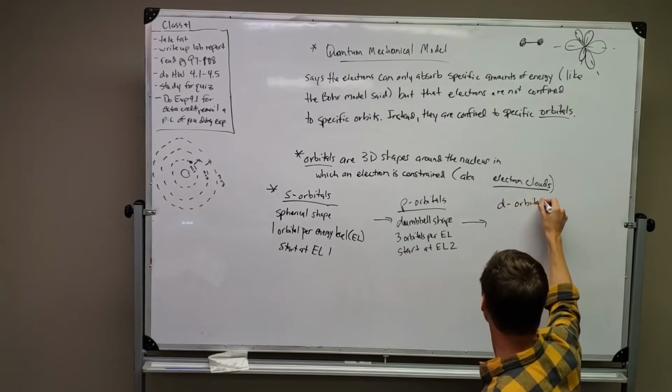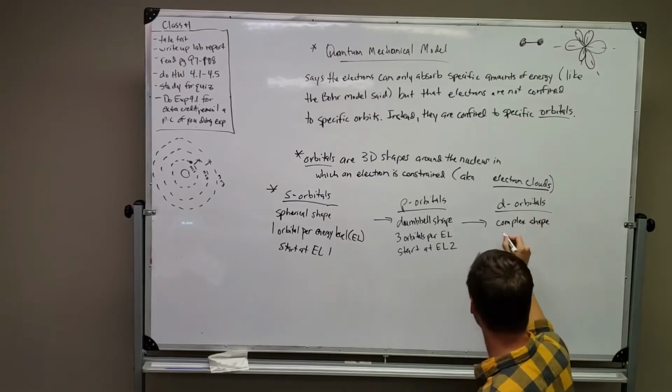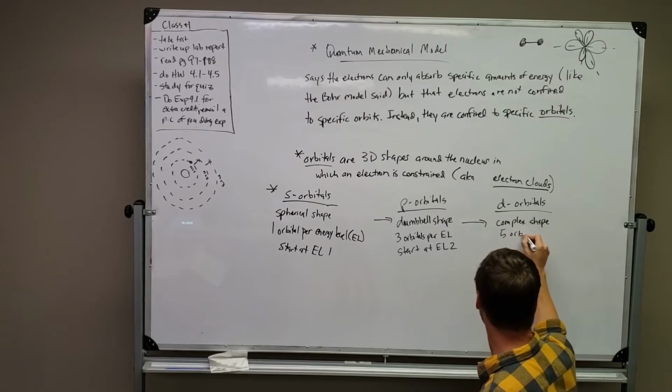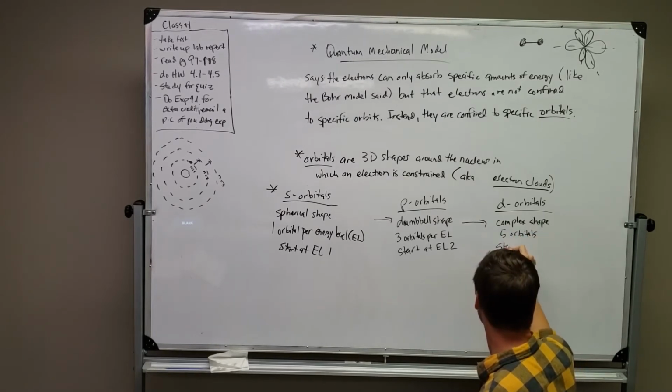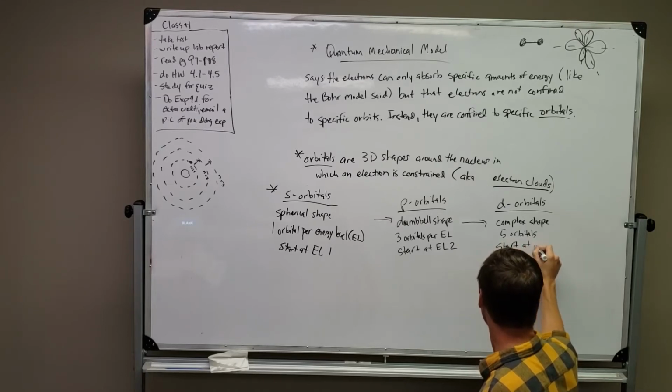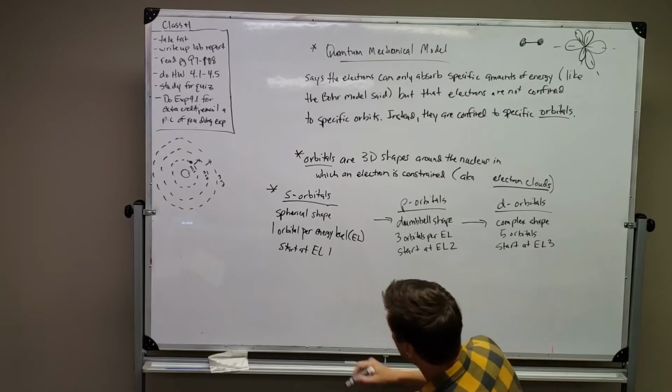And then finally the other orbitals we're going to cover in this class are the d orbitals. D orbitals have a complex shape. They have 5 orbitals, and they start at energy level 3. And so you need to know this.